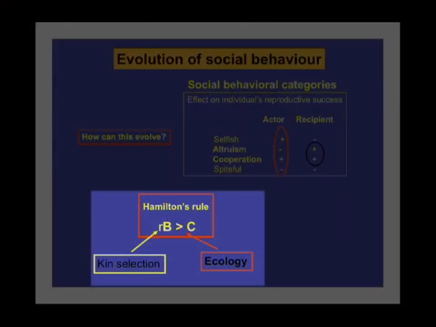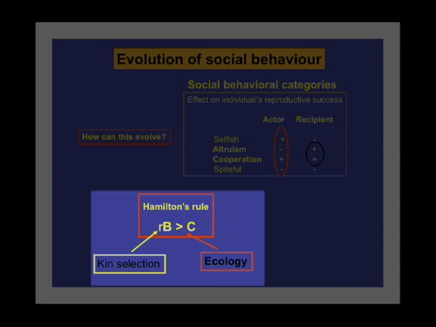As to be expected, and you are going to see it probably many times, the Hamilton rule was very influential in explaining the evolution of altruism. The relatedness factor was the base of this kin selection theory.